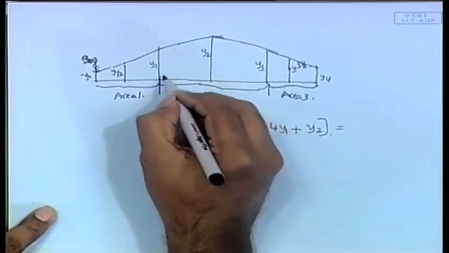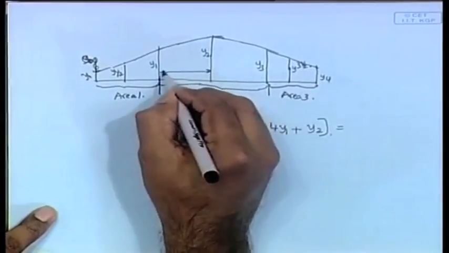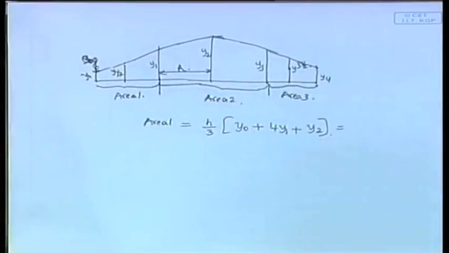Now, let us call this separation h. This is your real h, the distance between 2 stations, that is 0 and 1, or between 1 and 2, 2 and 3. That is the separation, that is h.